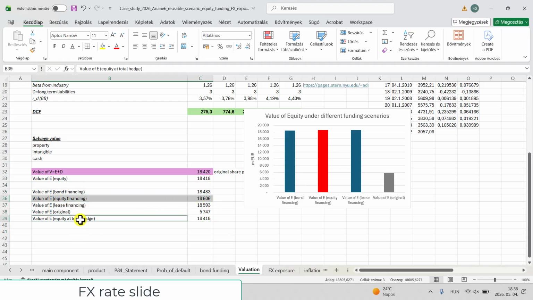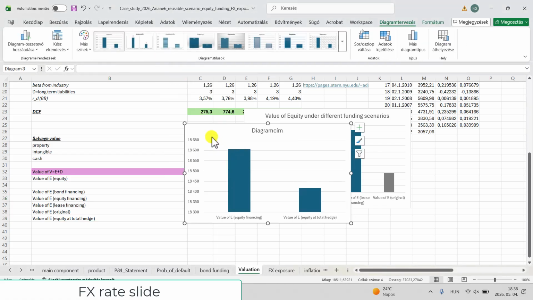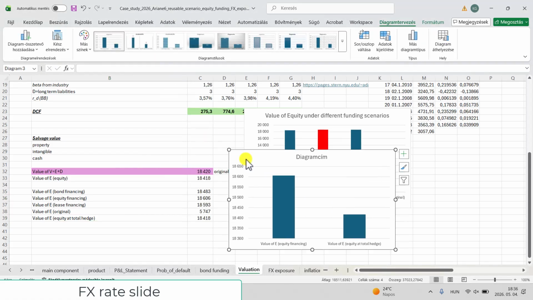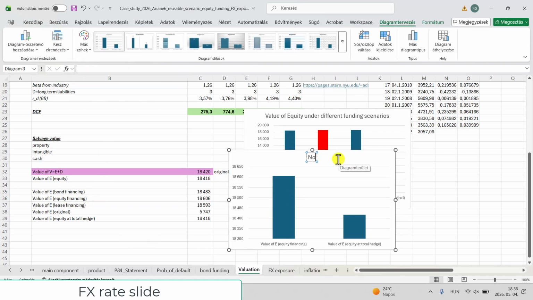Now we are only testing the equity financing, because this is only relevant for us. And nope. Equity financing. So we can say that, okay, no hedge versus total hedge strategies.